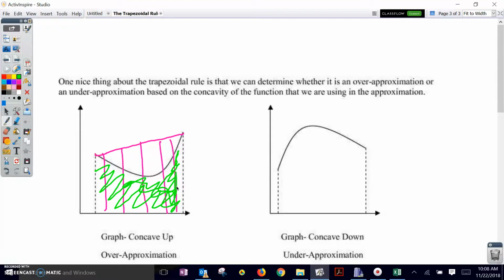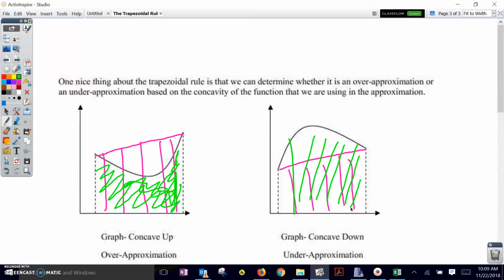So when we're using the trapezoidal rule, if the graph is concave up, our trapezoids will over-approximate the area under the curve. If the graph is concave down, like this piece here, then the area of my trapezoid will be smaller than the area underneath the curve.